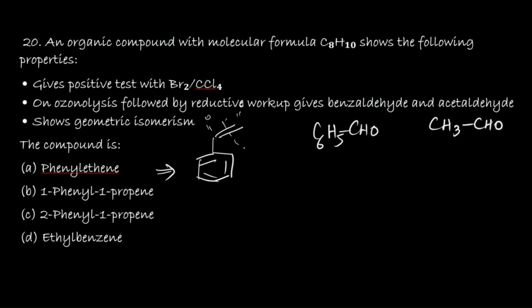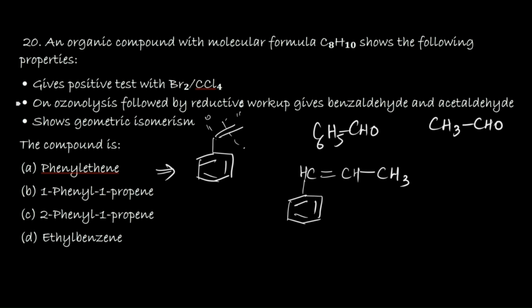The second one, 1-phenyl-1-propene, is a compound like this. Upon ozonolysis, it will give you acetaldehyde and benzaldehyde.